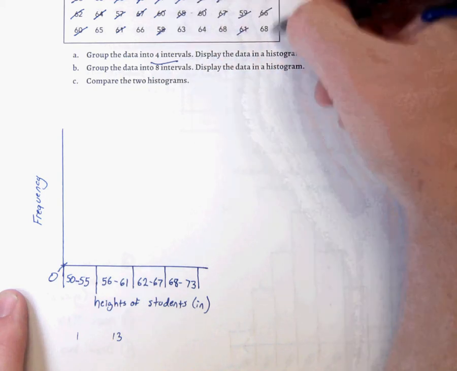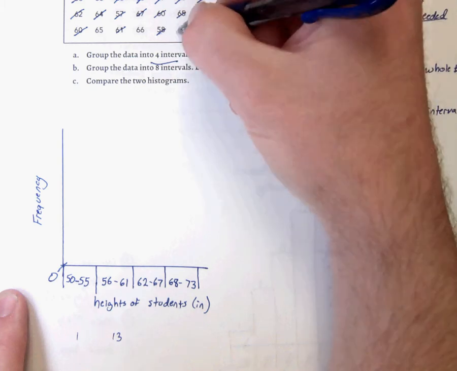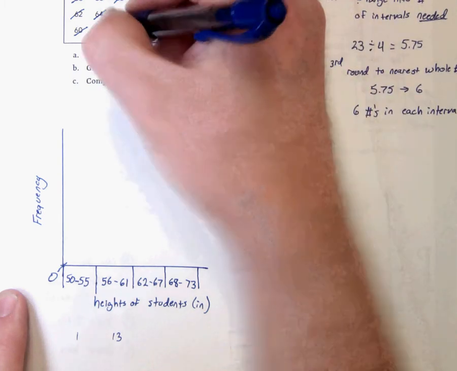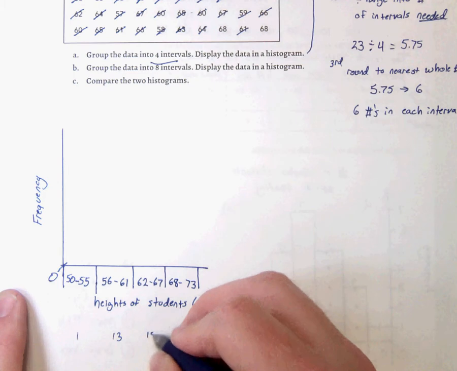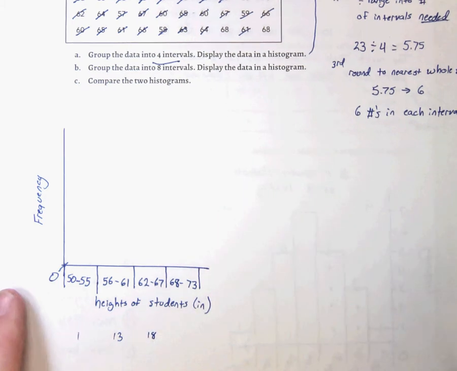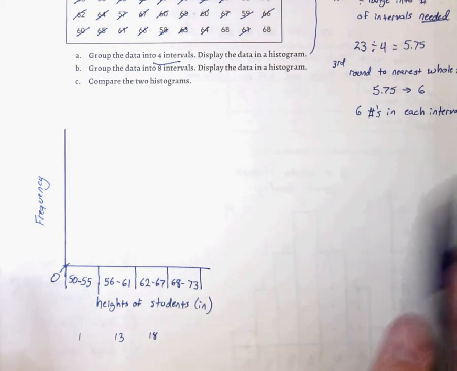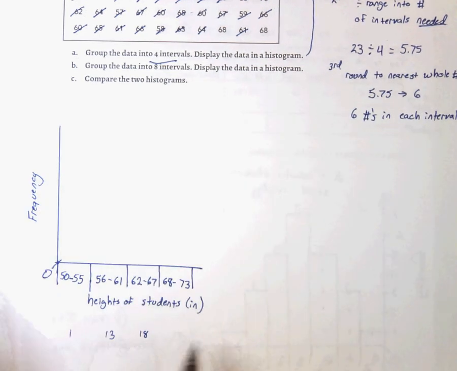Last, I could take 40 kids, subtract these three numbers and get my last, or I could just count the rest. How many are in the 68 to 73 range? Let's see, 1, 2, 3, 4, 5, 6, 7, 8.